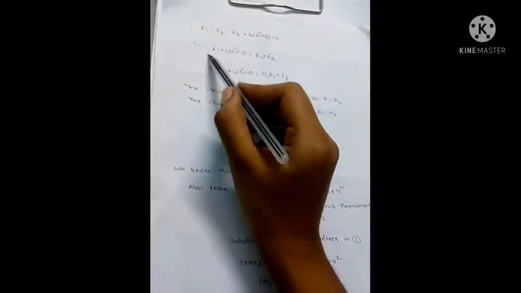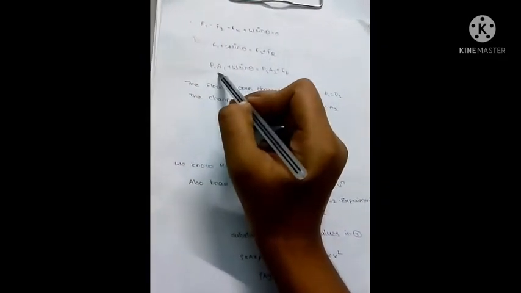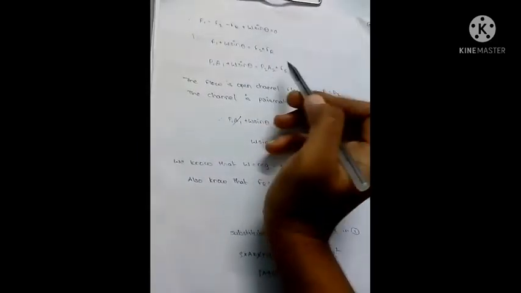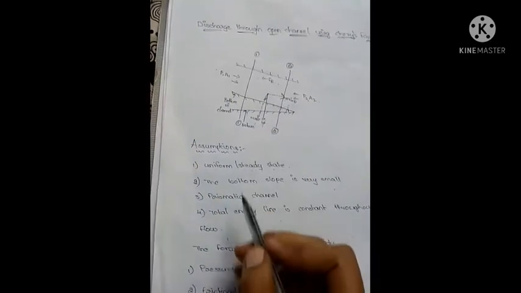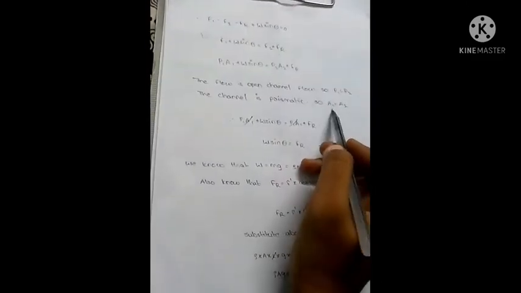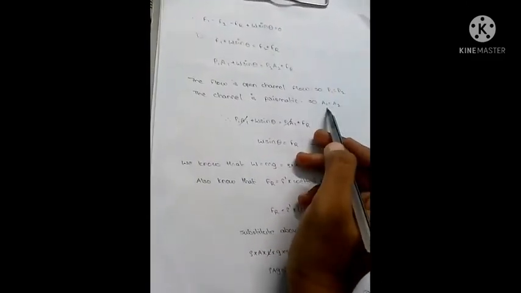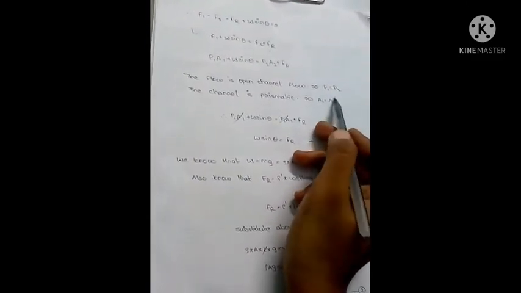What is F1? F1 means P1 A1, F2 means P2 A2. In the assumptions we took that it is a prismatic channel, so the dimensions are not changing, so A1 is equal to A2. We put A1 in the place of A2.